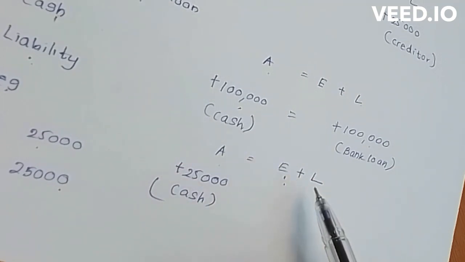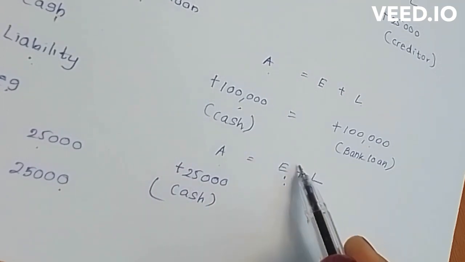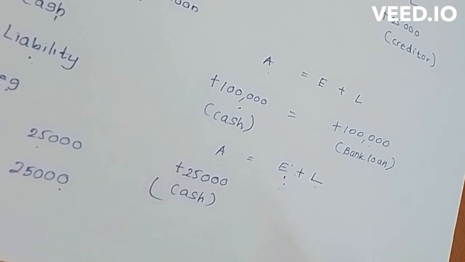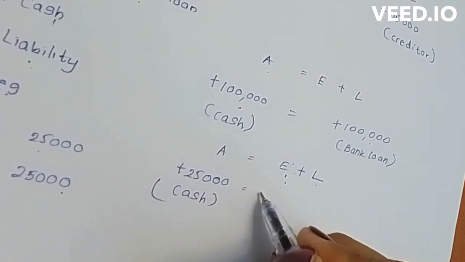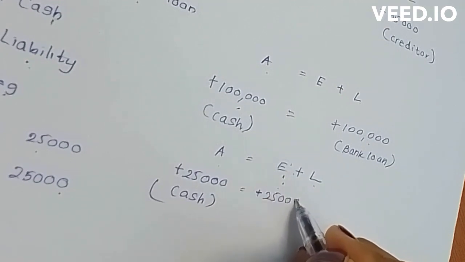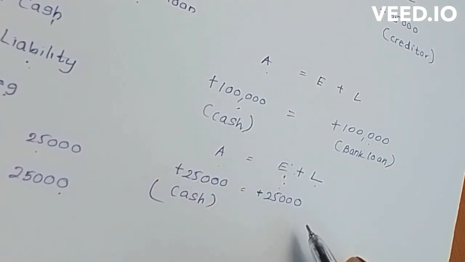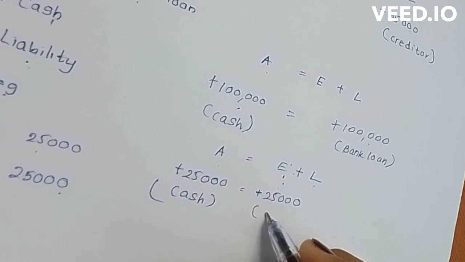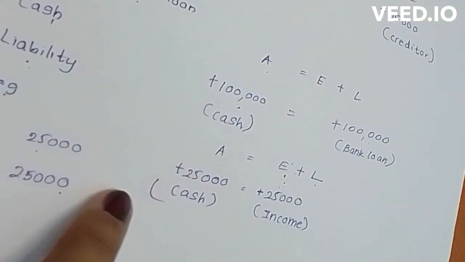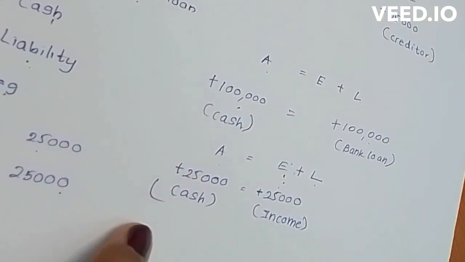And if there is any net profit, we need to add it to equity. If there is any loss, we need to deduct it from here. Okay, so put plus 25,000 income. So that is our income here. This is a basic transaction of income. Okay.